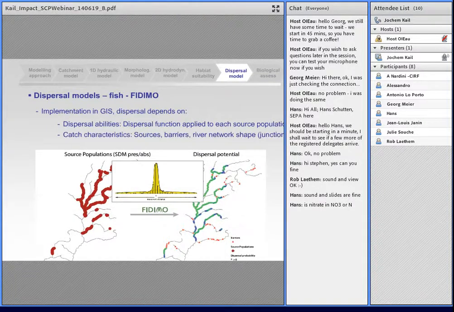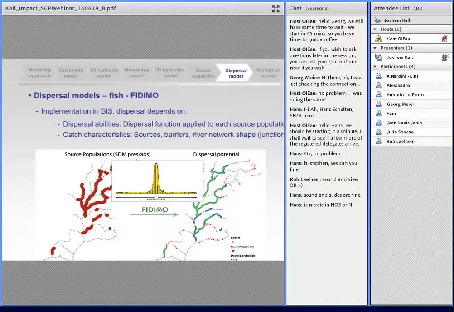So the output of FIDIMO are these kind of maps. On the left you can see the source populations as points, and because there are many source populations, this looks like little worms. And on the right you can see, after some modeling steps, the probability of occurrence of fish in the model grid cell along the river network.